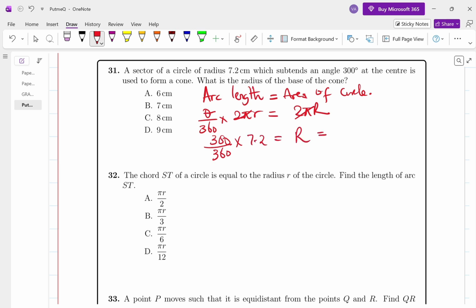Now when you do this in your calculator, you should get 6 centimeters. So that's what the answer is going to become. 6. That's A. Now question 32 has been solved before, and the answer we had was pi r over 3, which is B. So I think one question has repeated itself now.